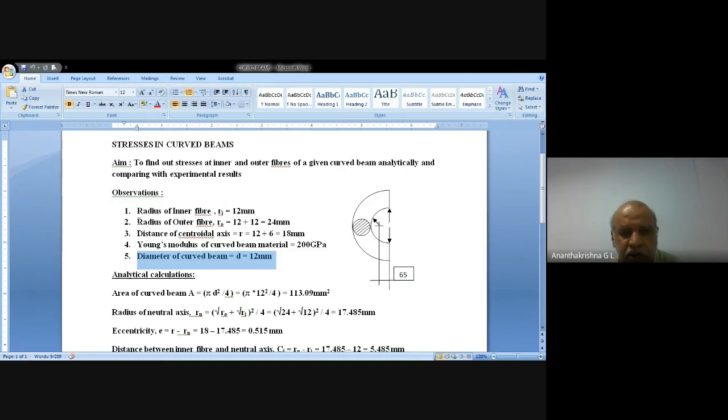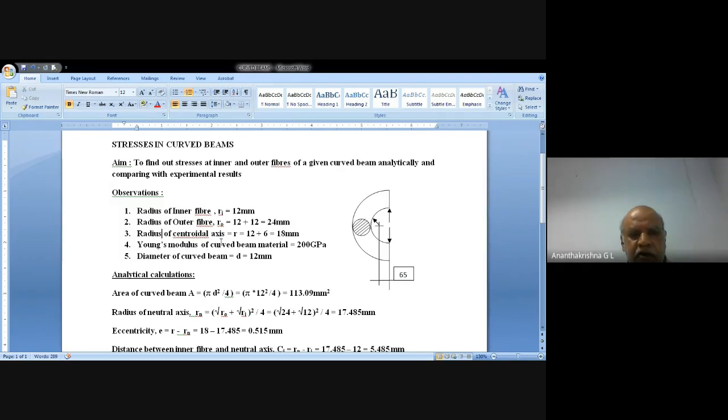Therefore, the radius of the outer fiber is 12 plus 12, that is 24 mm. Since it is a regular cross section, the centroidal axis is RI plus half of the diameter, 12 plus 6, giving 18 mm as the radius of the centroidal axis.